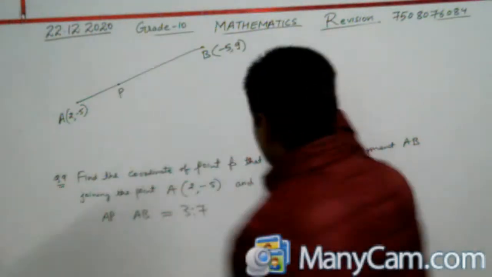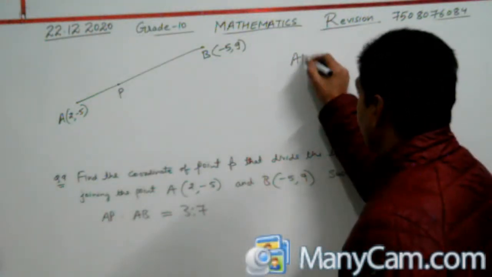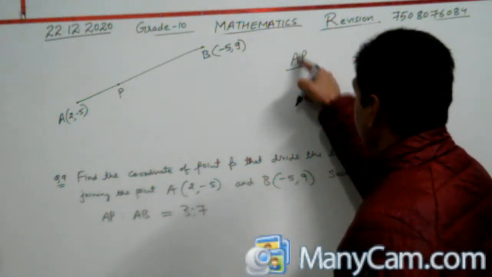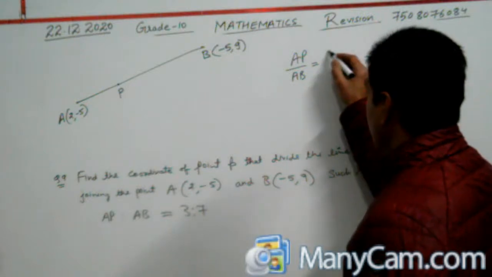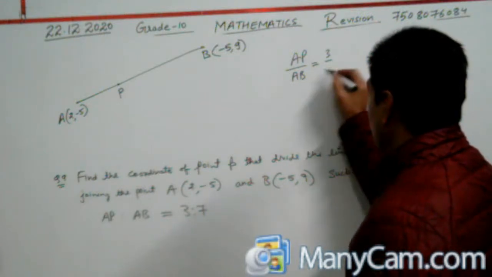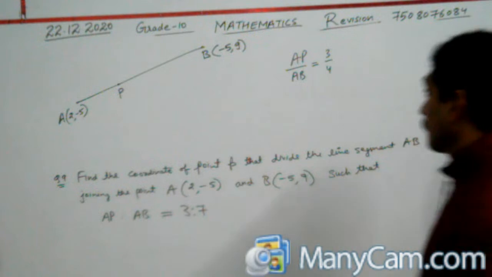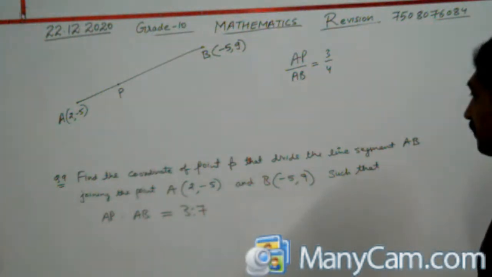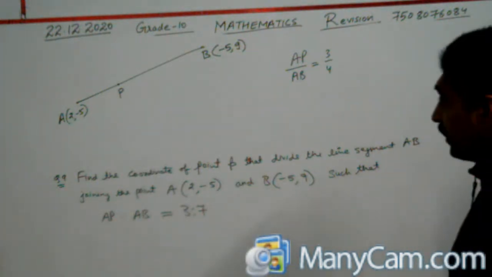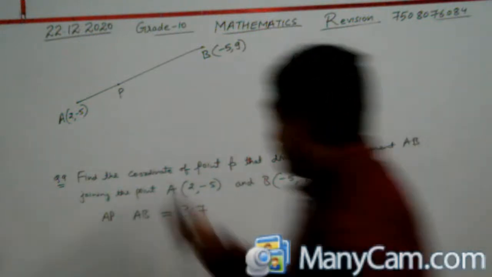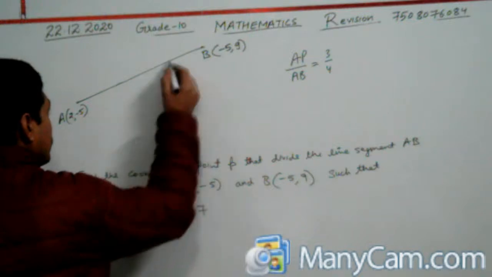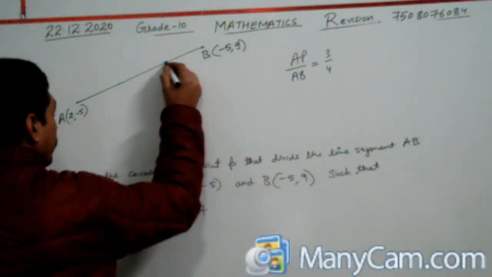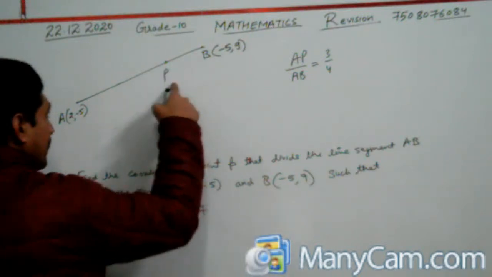They are saying AP is 3 and AB is 4. So the point lies about here.